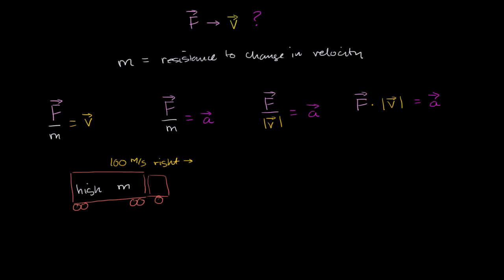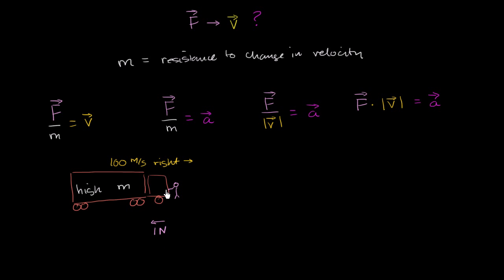Now let's imagine that there's me, and this truck is right about to hit me, but then I press on this truck. I apply a force to the truck in the opposite direction, and let's say that that is a 1 Newton force. And you might not have a sense for exactly how much 1 Newton is, but let me just tell you that that is a force that I am capable of applying to a truck.